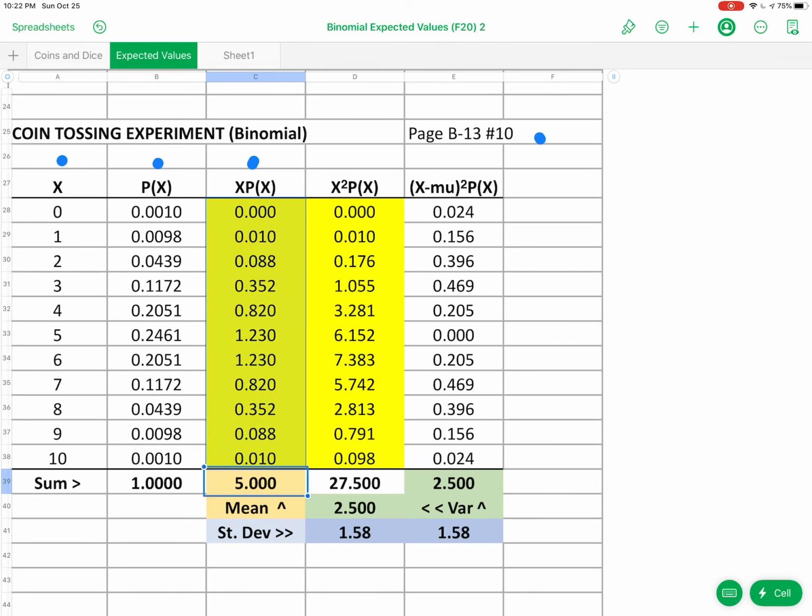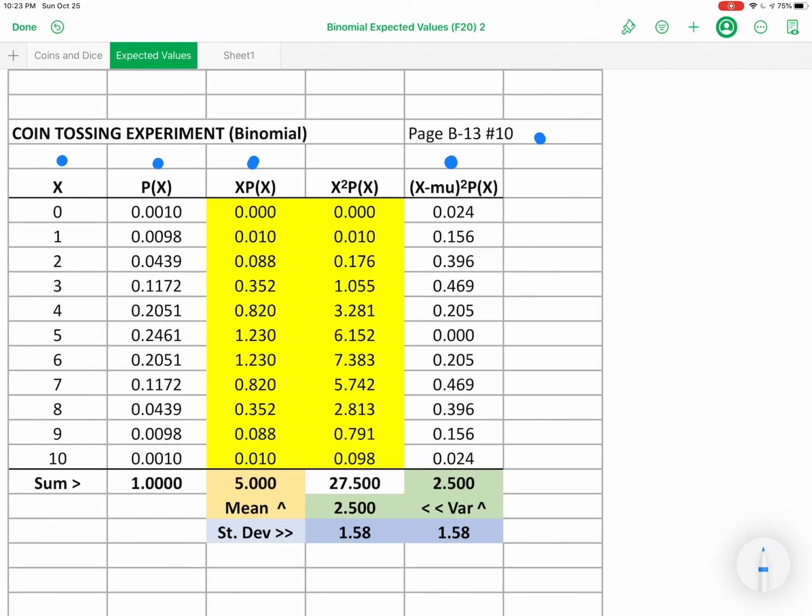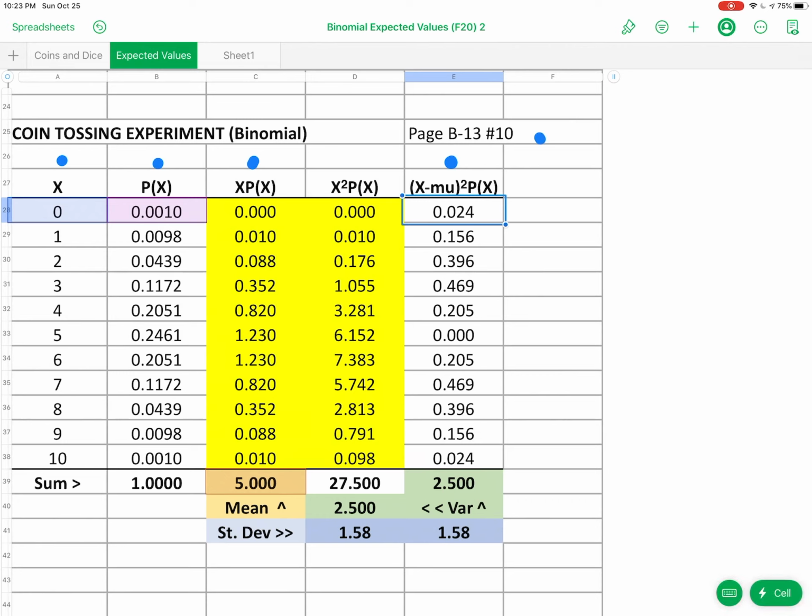So that's the mean. The standard deviation is if we take each x, and let me move over to the last column here, this column right here, x minus mu squared times each p of x. So we would be taking 0 minus 5, which is minus 5, squared is 25, times this particular guy here.